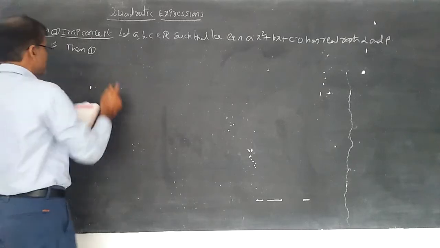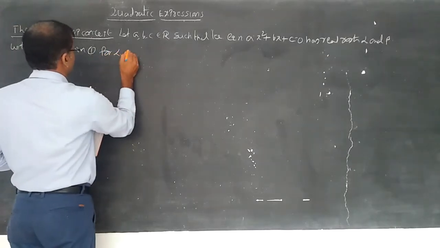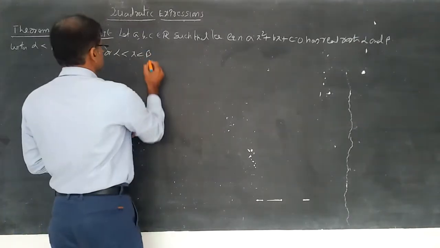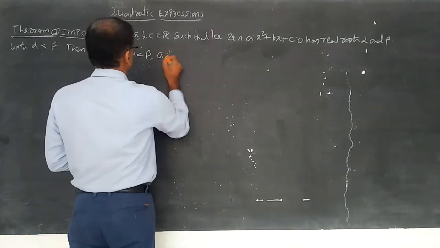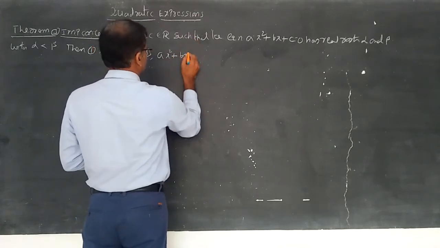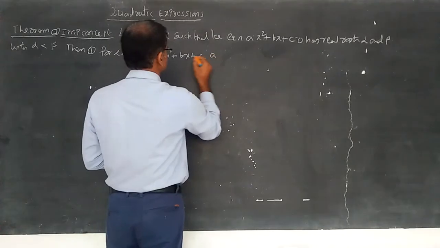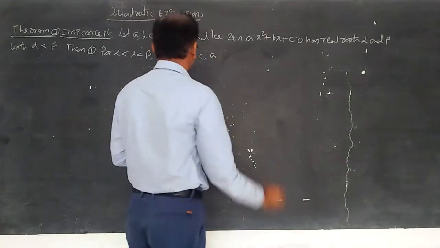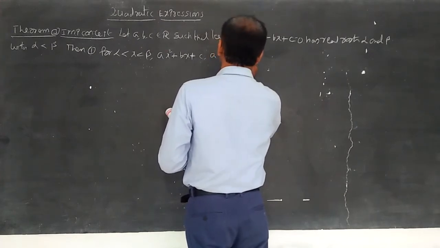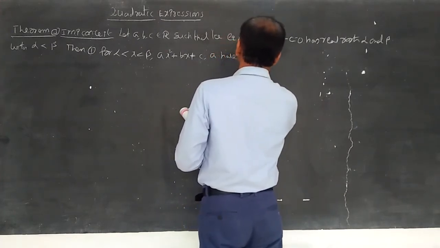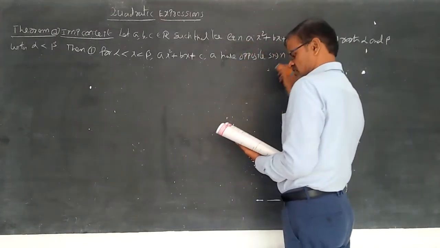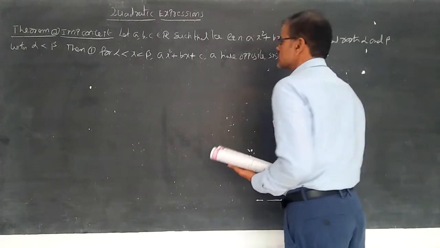First statement: for alpha less than x less than beta, ax square plus bx plus c and a have opposite signs.